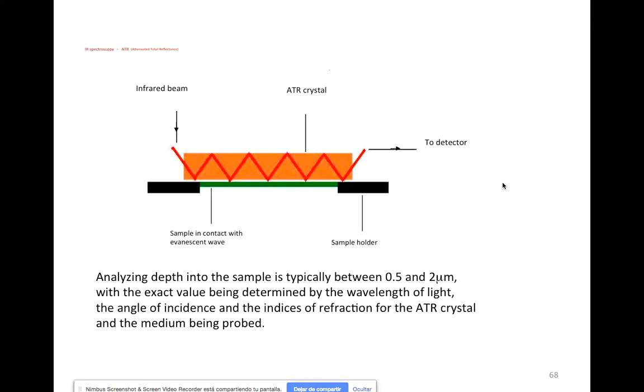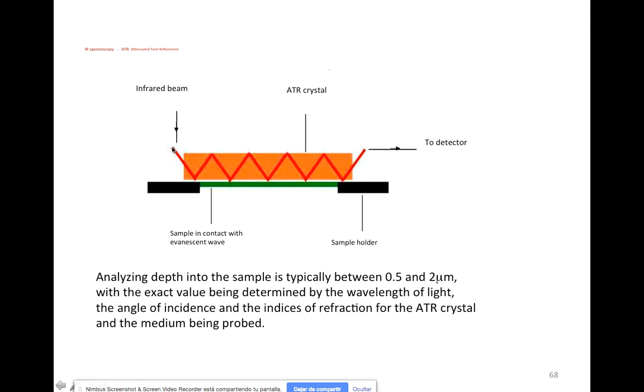So a good way to deal with this is using attenuated total reflectance. Basically, you have a sample, and you place it in contact with the ATR crystal, which nowadays is usually made of diamond. Before, they were made of arsenide and some poisonous materials, but now it's pretty common to have them in diamond.